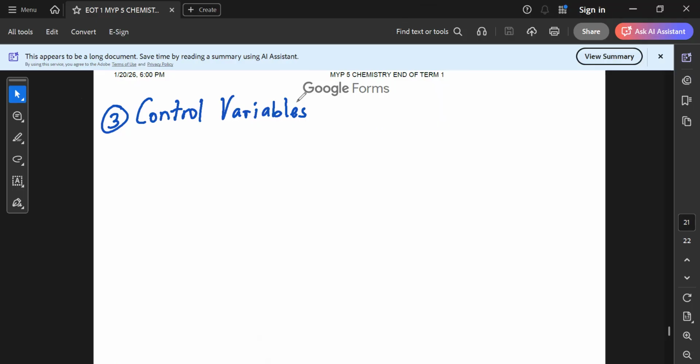If they change, the experiment will be affected. For example, if I'm investigating how temperature affects rate of diffusion, there are things, if they change in the experiment, your results are going to become wrong. Can you guess? Just pick one. What do you think could change in my experiment that could affect my results if I'm investigating how temperature affects rate of diffusion?